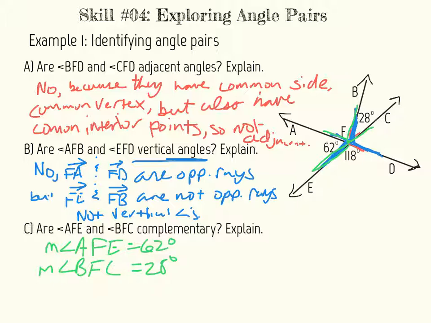To be complementary, the two angles added together have to equal 90 degrees. If I added these, I would get 90 right there. So if we added the two angles together, it is 90, so that means they are complementary.